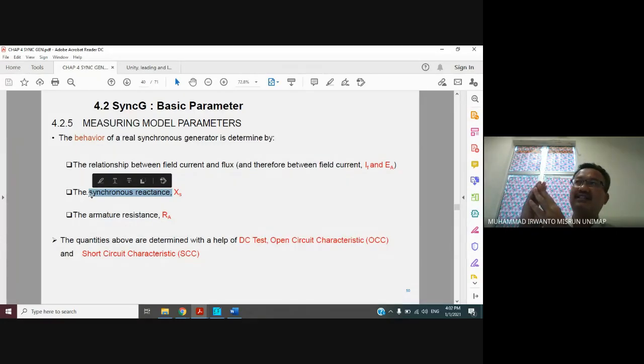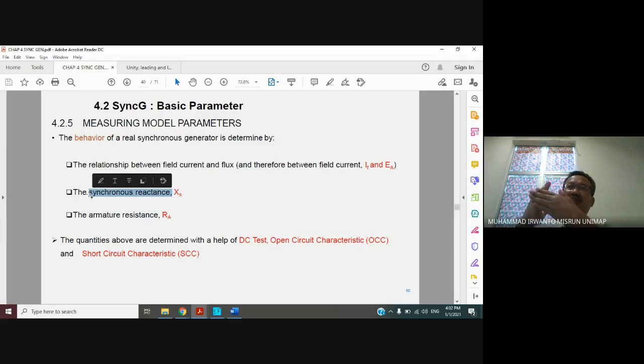Okay, and then the other parameter is the synchronous reactance XS. Meaning, in one generator, how do we obtain the value of synchronous reactance? It can be obtained from the open circuit test and short circuit test. The open circuit test obtains the phase voltage, where the open circuit phase voltage is equal to the internal generated voltage.